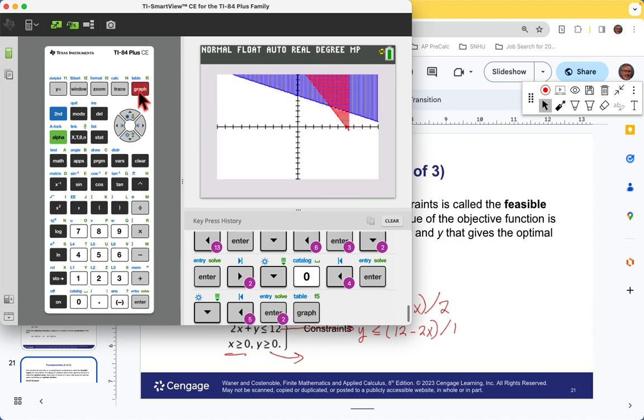I'm going to graph it. There's that shading, there's shading. And then remember, we have to visually say that x is greater than 0, so we don't want this part here, okay? Let me go ahead. I should have started this tool.